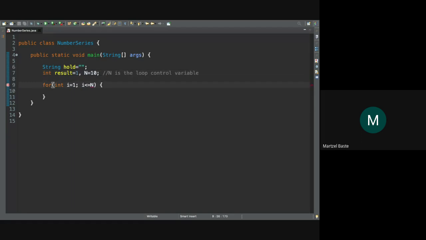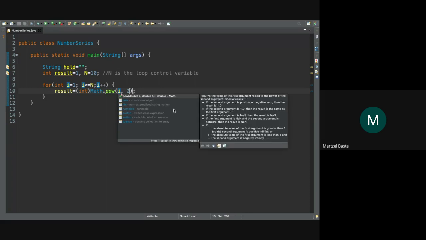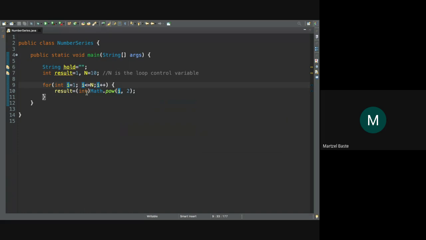So now we'll have here I plus plus, and then let's have here the result is equal to math.pow. Since siya, kailangan nato siya i-typecast into int kasi the math.pow, I believe so, ang iyahang gina-result ani is double. Oo, ayan, double. So double siya, that's why we need to typecast it to int.